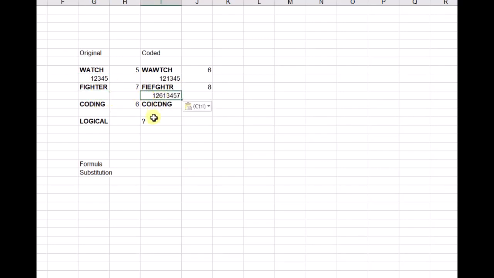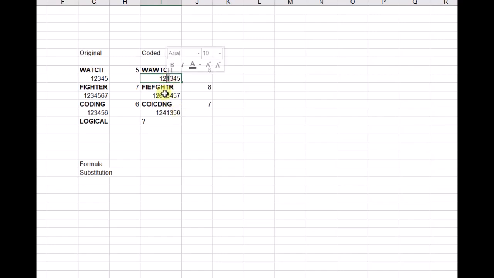Similarly, this will be decoded as 1, 2, 6, 1, 3, 4, 5, 7. This had 7 characters and it was decoded into this one. And this has 6 characters and that will be decoded as 1, 2, 4, 1, 3, 5, 6. So if you observe the pattern, everywhere the first character is getting repeated.